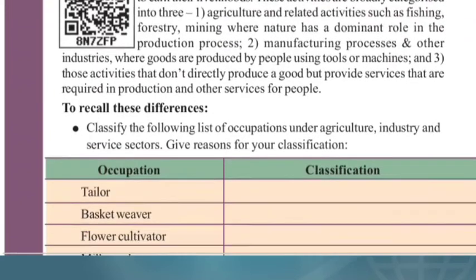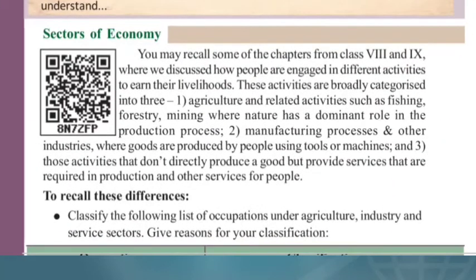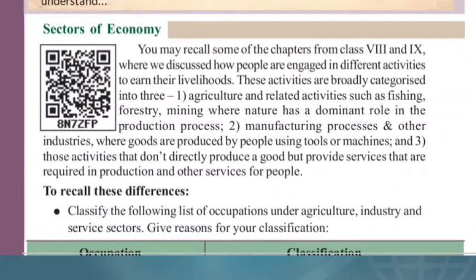And now we'll discuss what the agriculture sector is. The agriculture sector is known as the primary sector, mostly about agriculture and related activities such as fishing, forestry and mining, where nature has a dominant role in the production process.